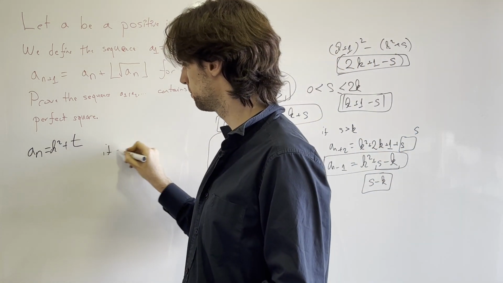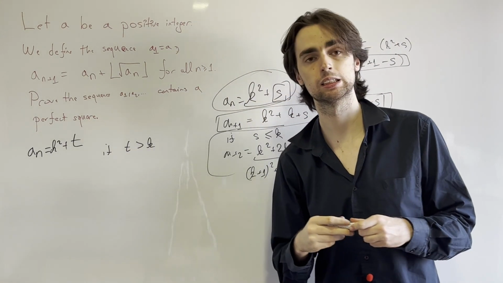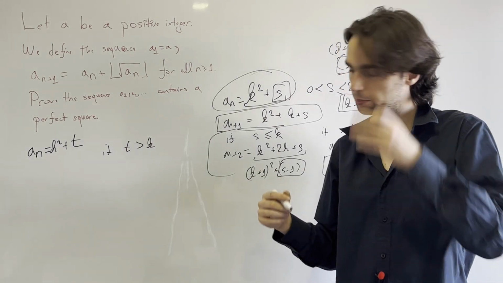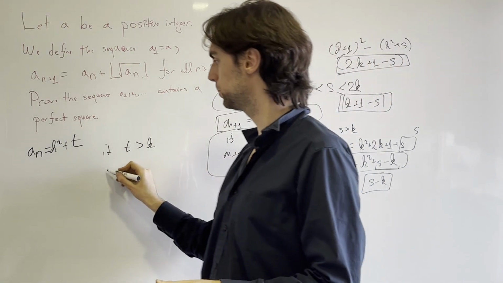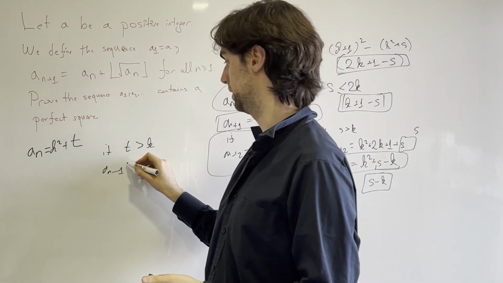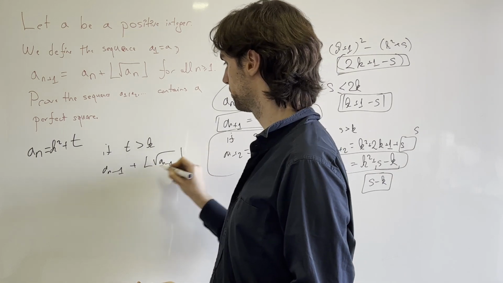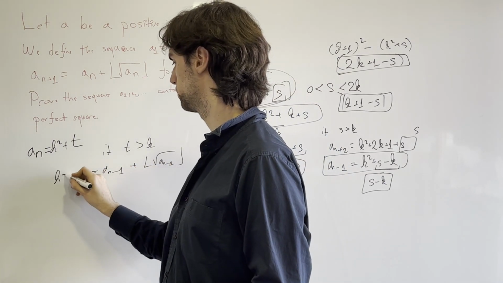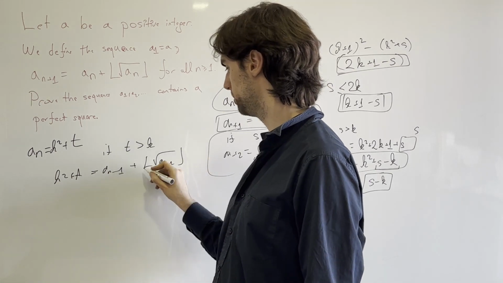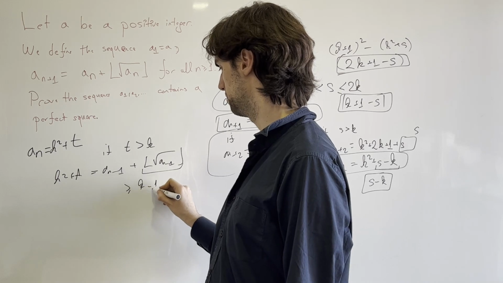If t is greater than k, can this in fact be the case? And the answer is no. t can't be greater than k, because then we would have that a_{n-1} plus the square root of a_{n-1} is equal to k squared plus t, which means this thing right here is greater than or equal to k minus 1.